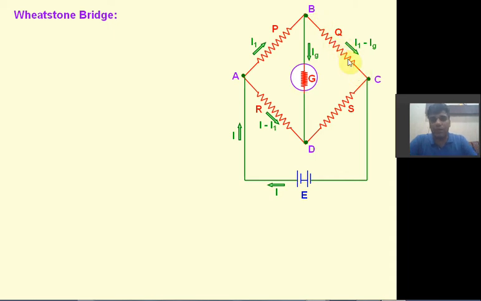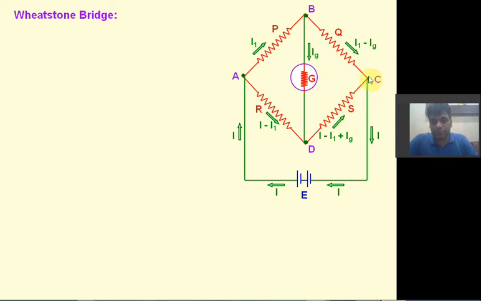Now at point C we have I1 minus Ig coming from this side, and I minus I1 plus Ig coming along DC.